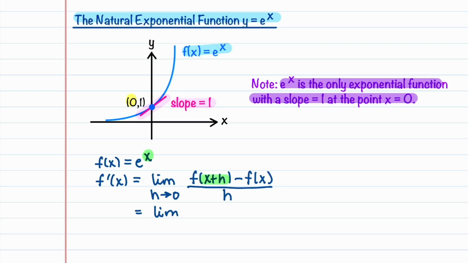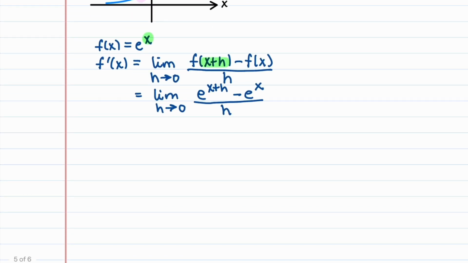This is the limit as h goes to 0 of e to the x plus h minus f(x), which is just e to the x, all divided by h. Now we're just going to do a little simplification. Notice that we can rewrite e to the x plus h as e to the x times e to the h. That just kind of breaks it up.